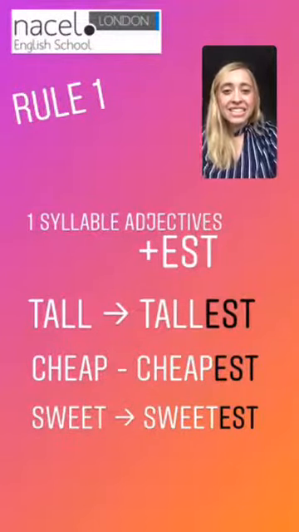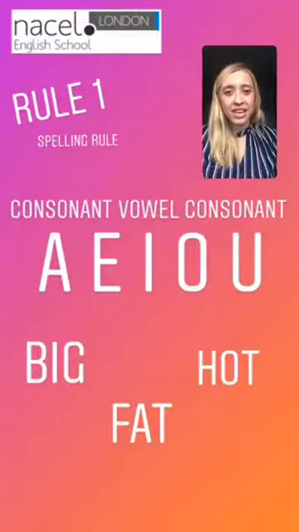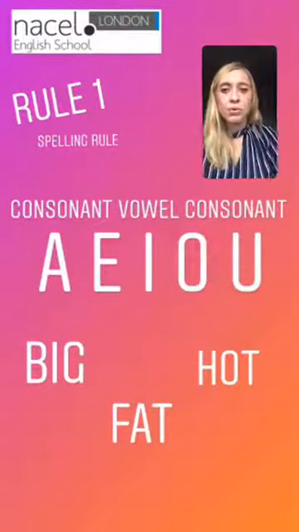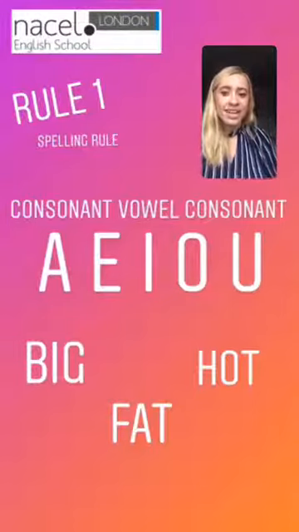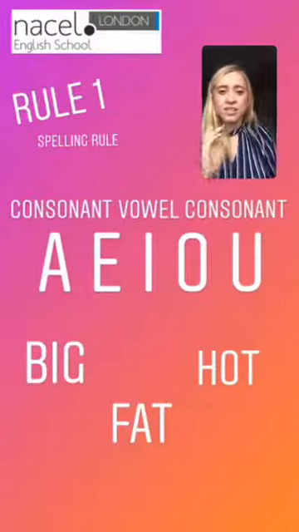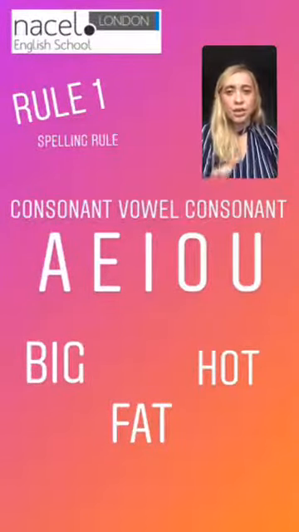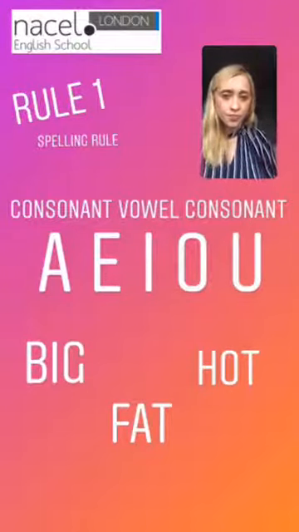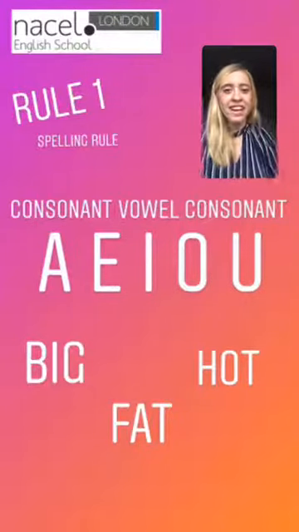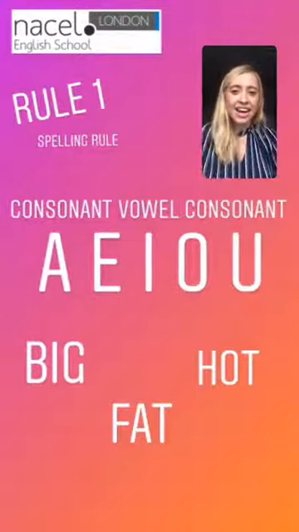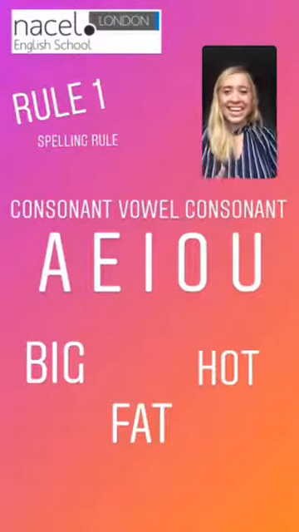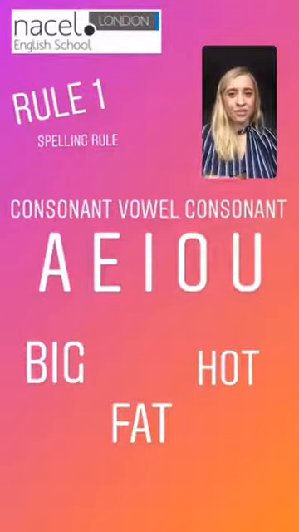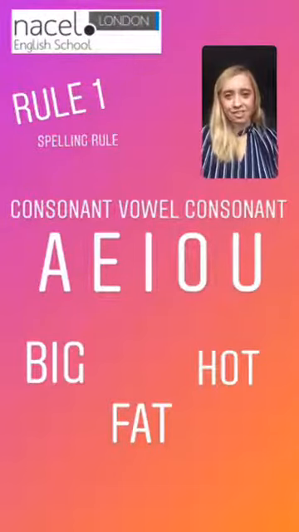There is a spelling rule to be careful of for adjectives with 1 syllable. If your adjective ends in consonant, vowel, consonant, we need to do something different. Your vowels are A, E, I, O, U. All the other letters are consonants.